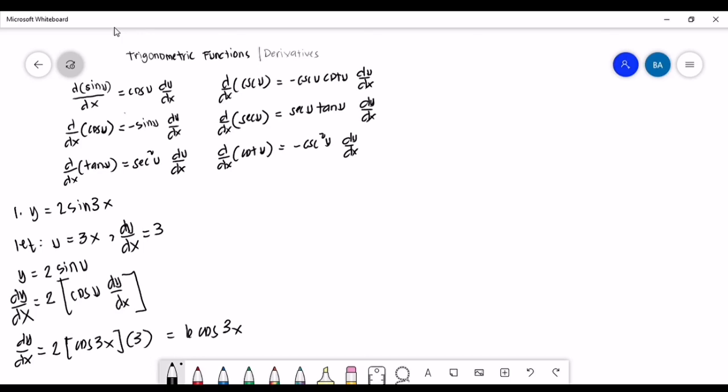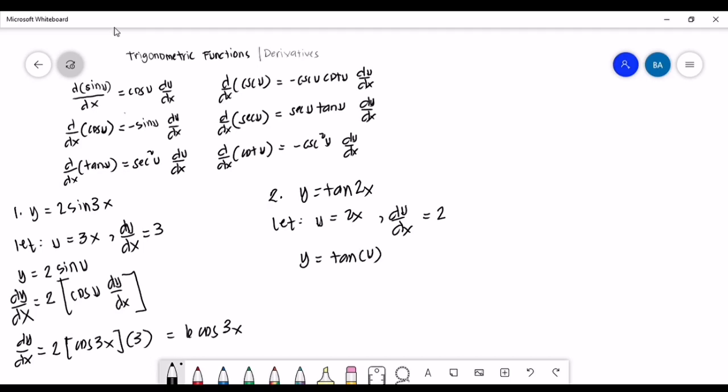Next example. What if we have y equals tangent 2x? We let u equal 2x, and then du dx equals 2. We could write our given equation as y equals tangent u.